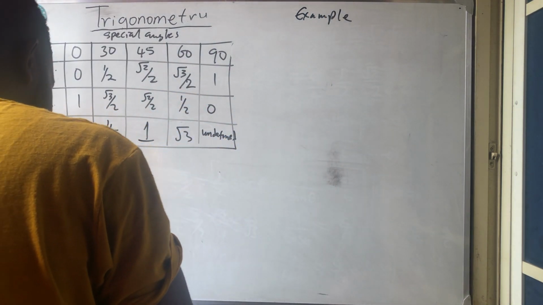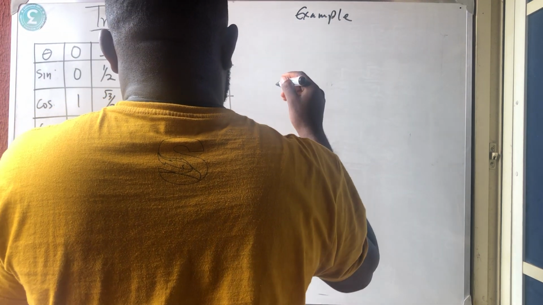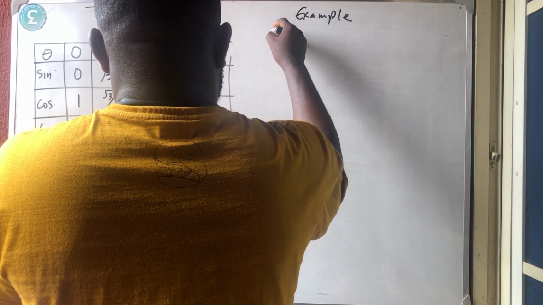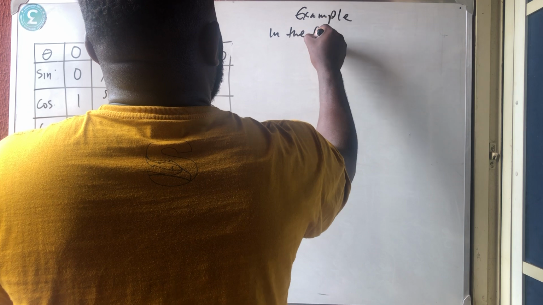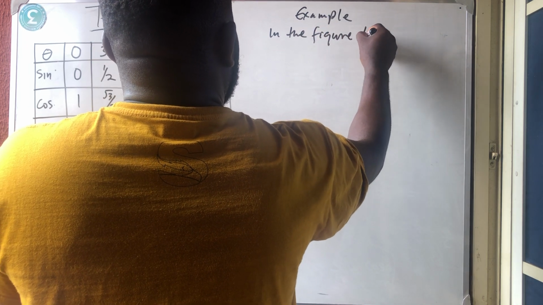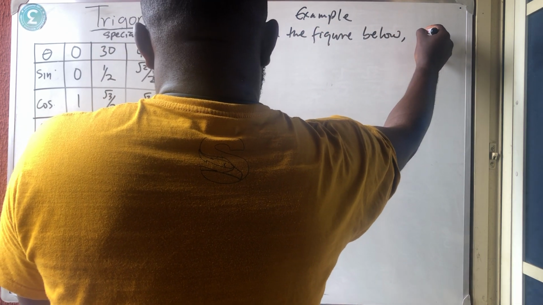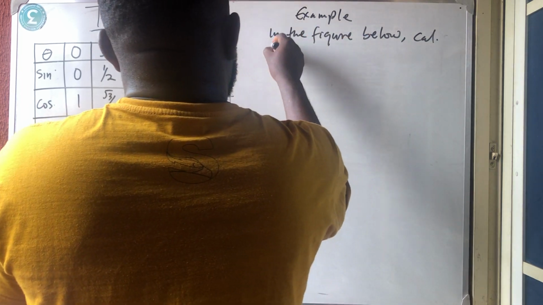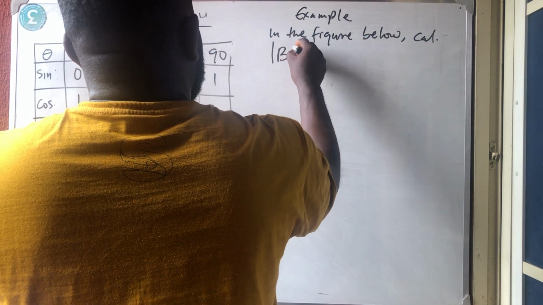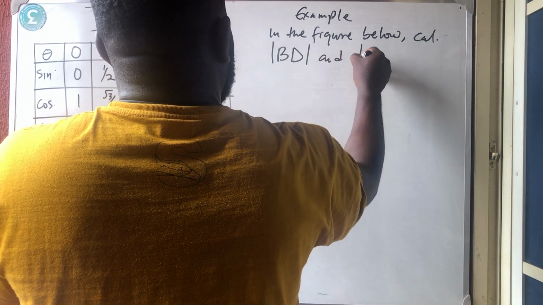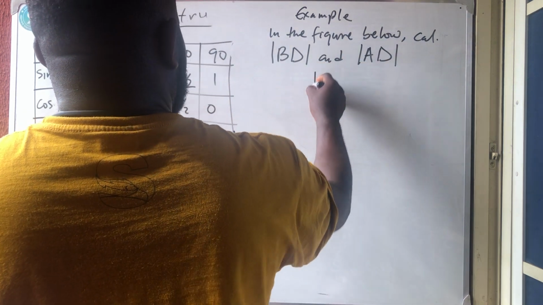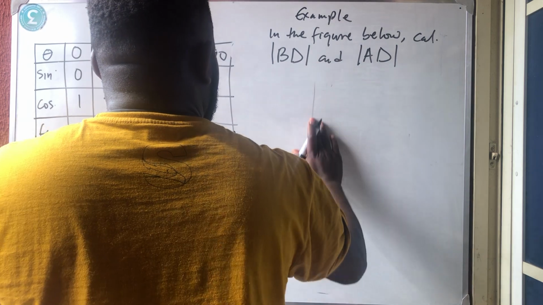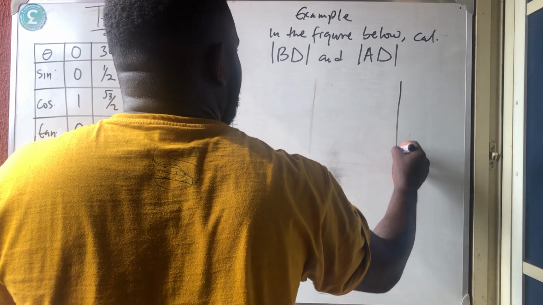Let's take an example. An example said, in the figure below, calculate line BD and line AD. Okay, so look at the figure below.